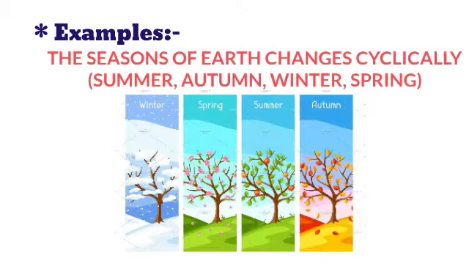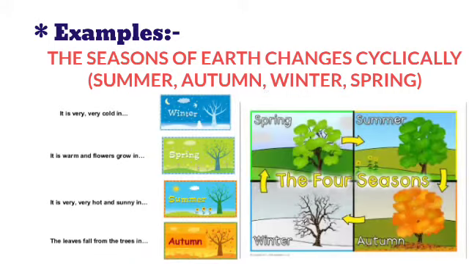Then the seasons of the year change cyclically: summer, winter, spring. This is also a cyclical process, an example of modular arithmetic.